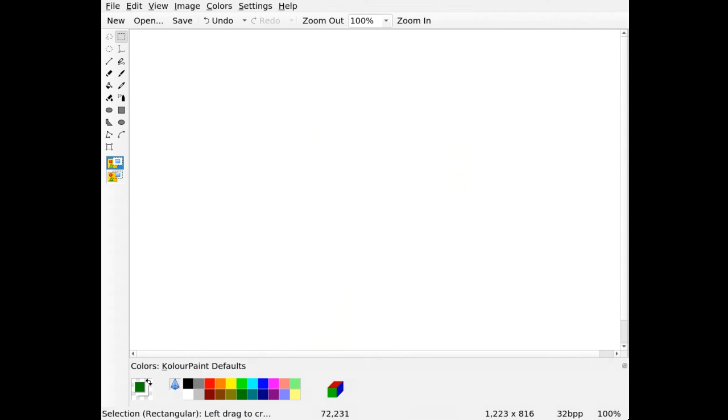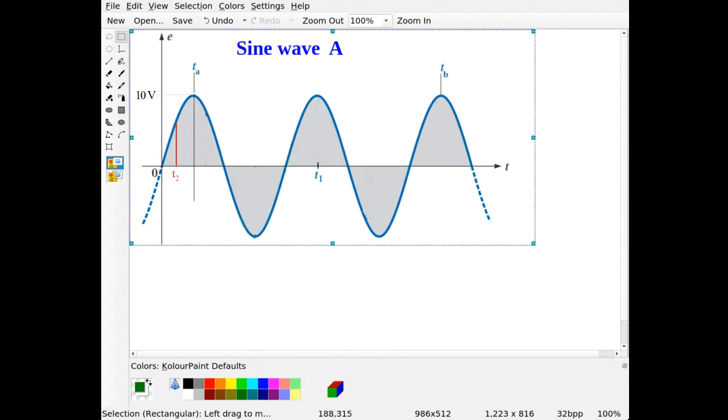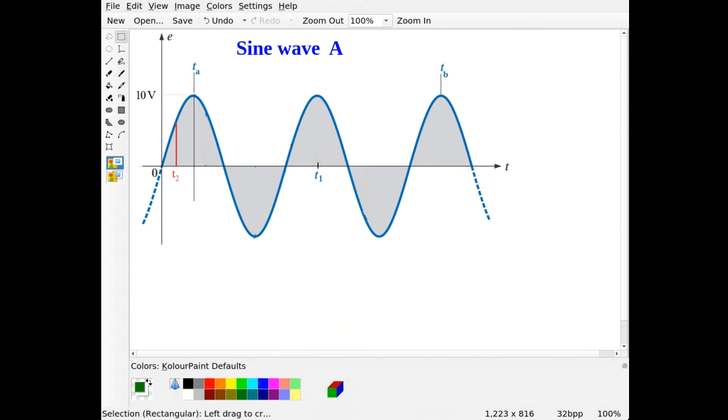So here is this sine wave that seems pretty generic. But I do give you the time t1, this value right here, we know what that time is.